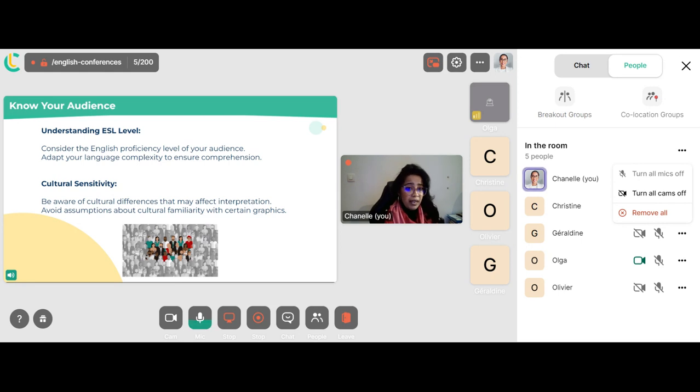We also have to be mindful of cultural sensitivity. We need to be aware of cultural differences that may affect interpretation. We need to avoid assumptions about cultural familiarity with certain graphics. So it's very important to understand how certain things could be interpreted so as not to offend our audience.